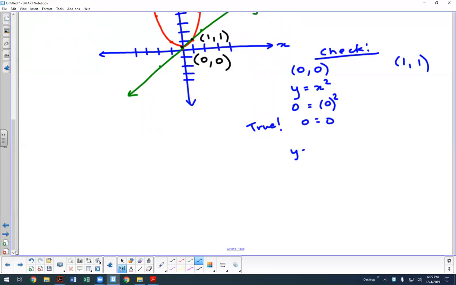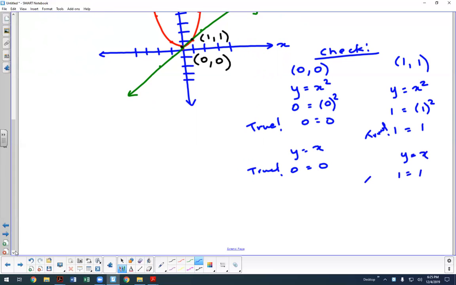If I try this with y equals x, of course, I'm going to end up getting 0 equals 0, which is also a true statement. So we know that point checks out. If we do the same thing for the 1, 1 ordered pair, you are again going to see a true statement for both equations. So checking is something we normally try to do as a way to make sure our graph was graphed correctly. If we were doing this by the substitution or addition method, again, we want to make sure our math was sound.